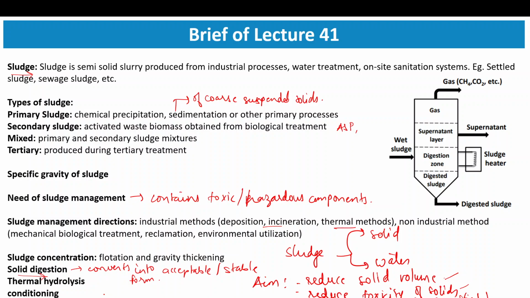These are extreme conditions, and by applying them we ensure that even organics or solids that are difficult to degrade can be converted into lower toxic forms, or forms suitable to the environment.